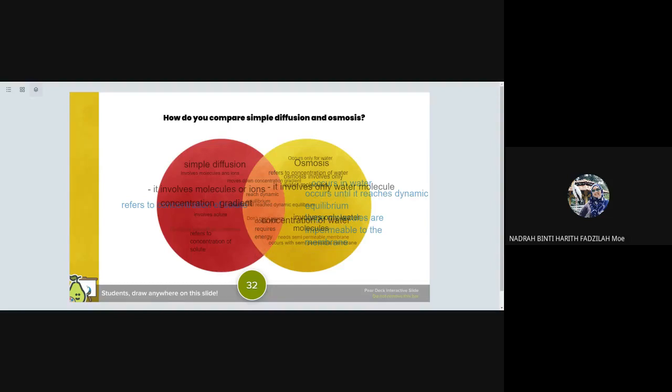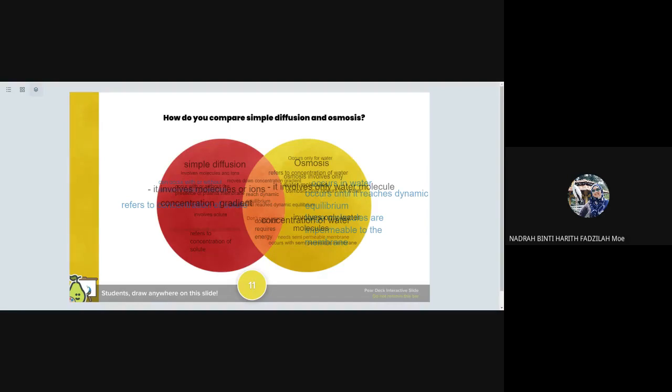Osmosis refers to concentration of water. Simple diffusion can occur with or without membrane. Osmosis can only occur when there is a semi-permeable membrane. Simple diffusion refers to solute. Osmosis refers to the movement of solvent.